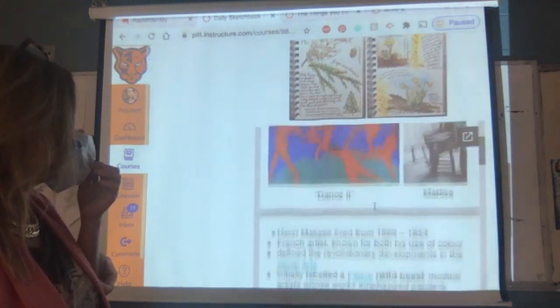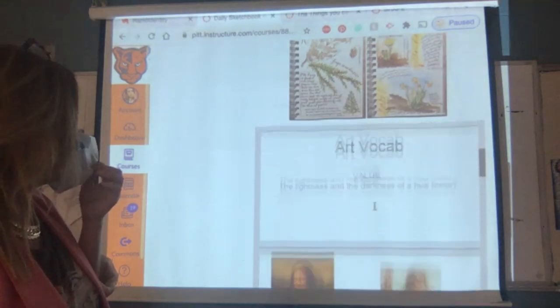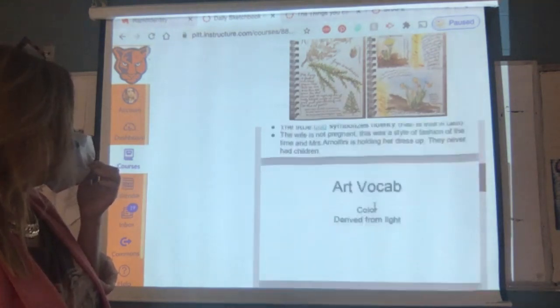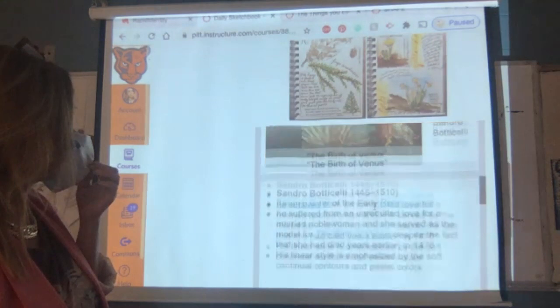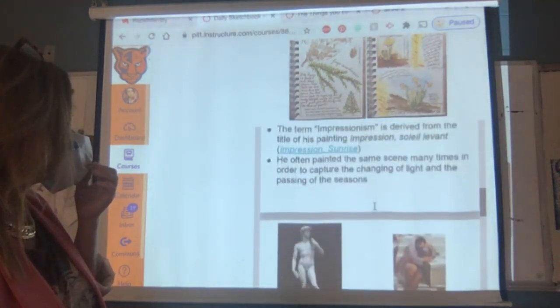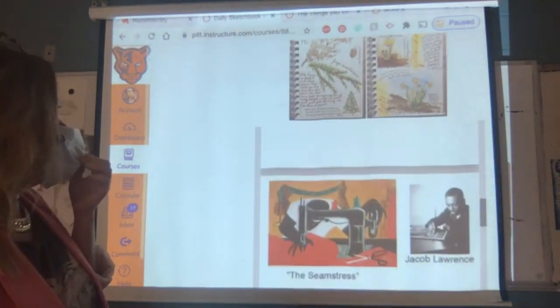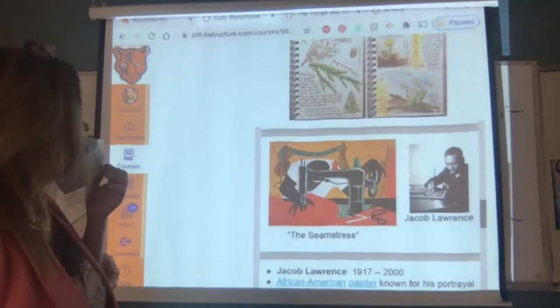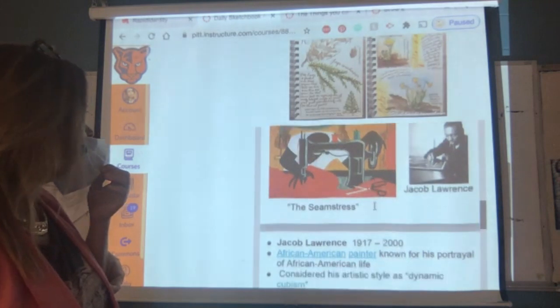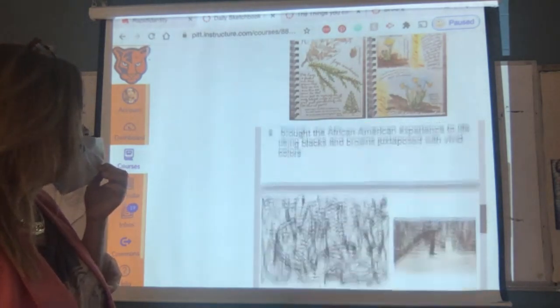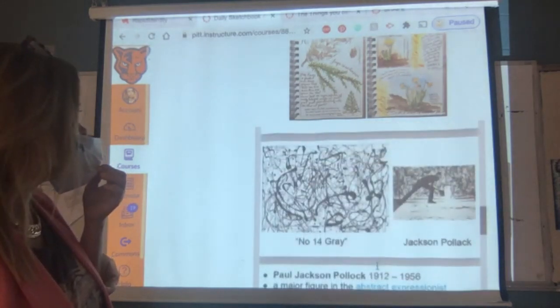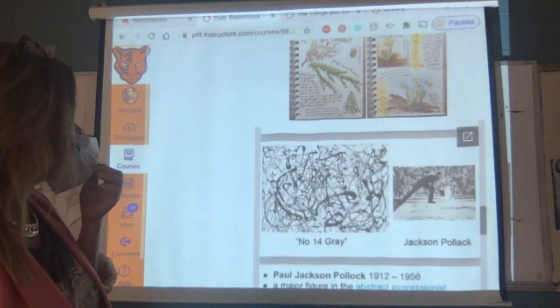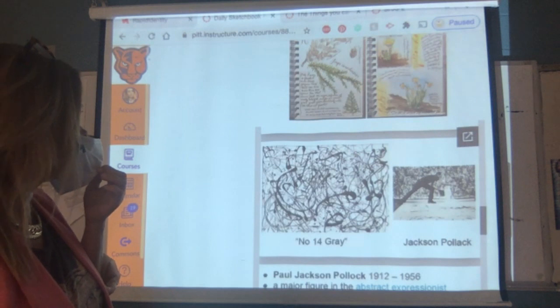You all have done a lot of work already. We did this one yesterday, Jacob Lawrence. So we drew this image and wrote his information. And then today you're doing Jackson Pollock, who is also a very interesting artist.